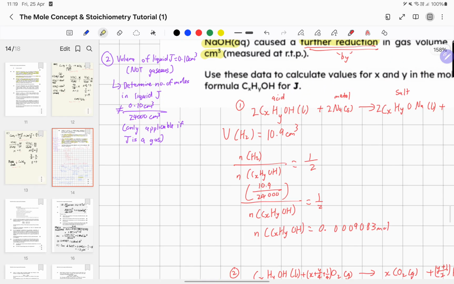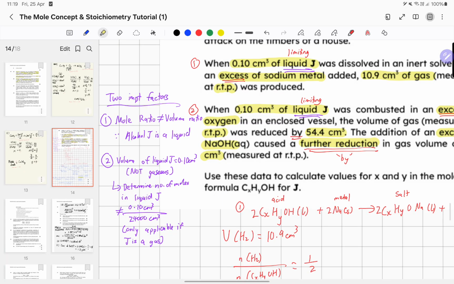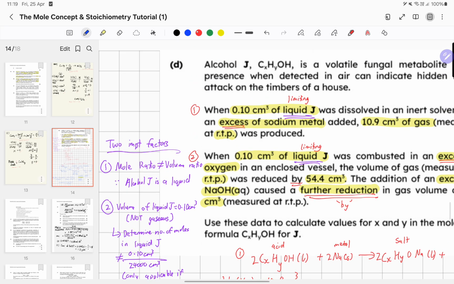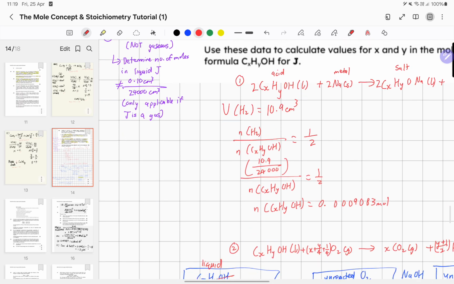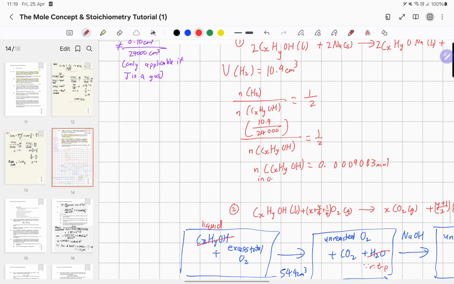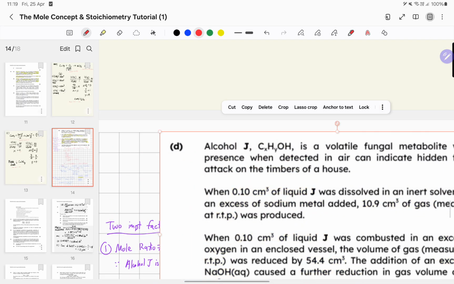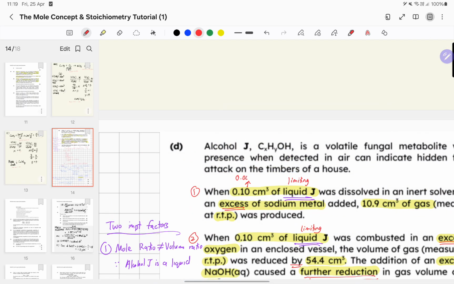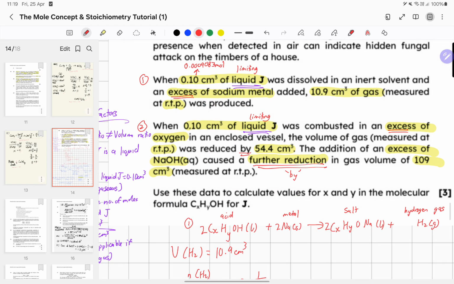Okay, remember in the earlier part of the question they said 0.10 cm3 of liquid J in reaction 1 and in reaction 2. So in that sense, whatever number of moles 0.10 cm3 contains, which in this case is 0.000983 mole, this one will also contain 0.000983 moles as well.